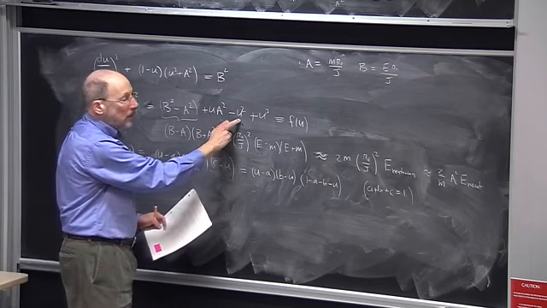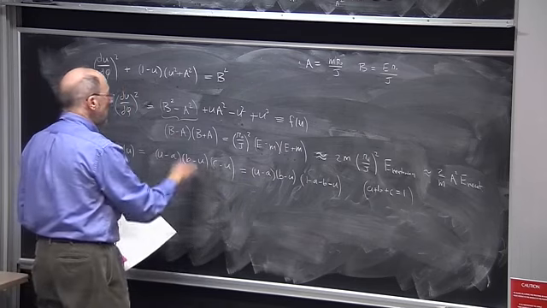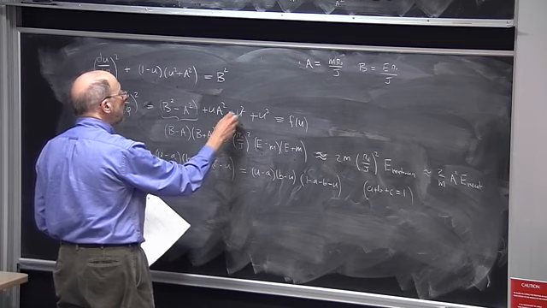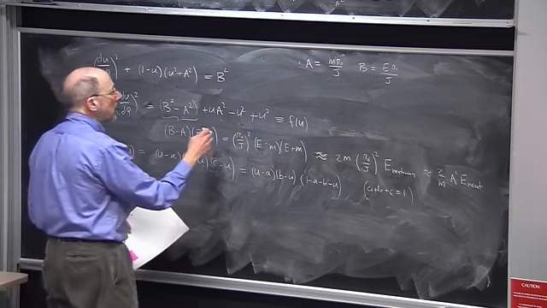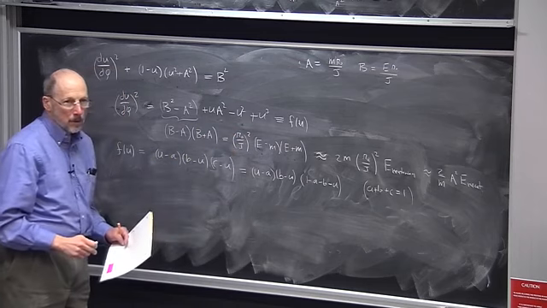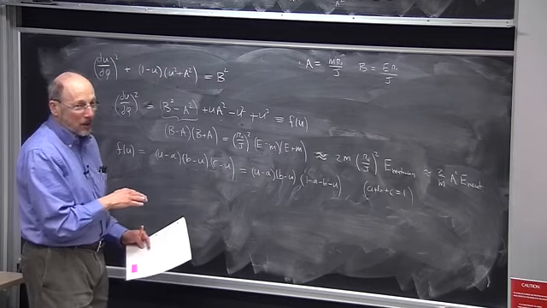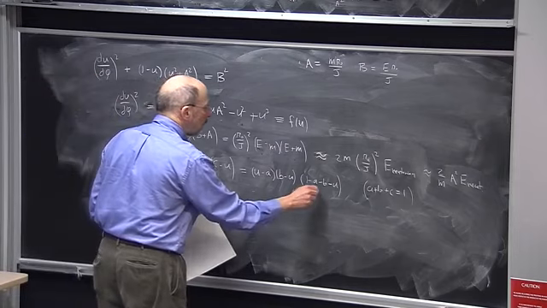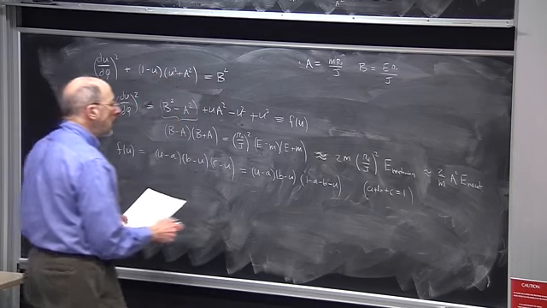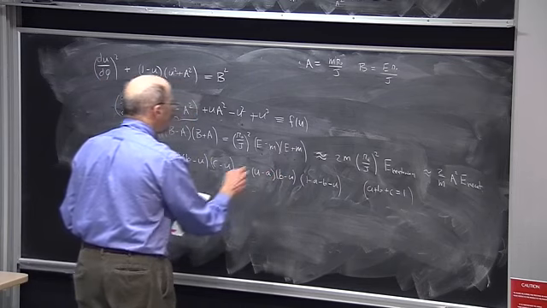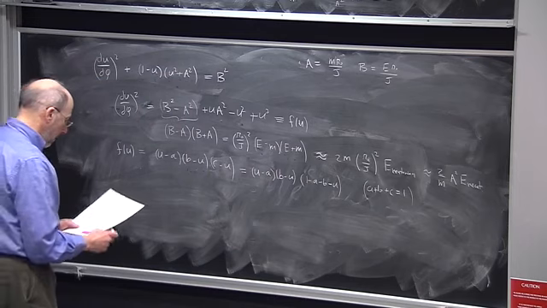So if we look at the coefficient of u squared, we see that it's minus 1. So therefore, the sum of the three roots is always the coefficient of the next leading term in the polynomial, if you set the first one to be just purely u cubed. Okay, I'm just saying something trivial in a complicated way. So you can convince yourselves that the sum of the three roots is 1, and therefore I can substitute like this. So this is the most general form of the polynomial. So what I've done is re-express the polynomial in terms of its roots, and that'll allow the integrals to be done more simply.